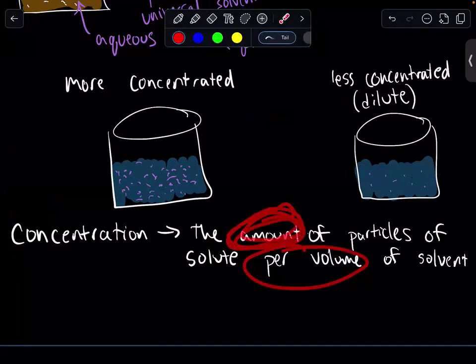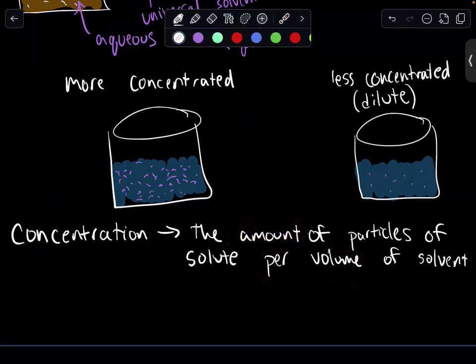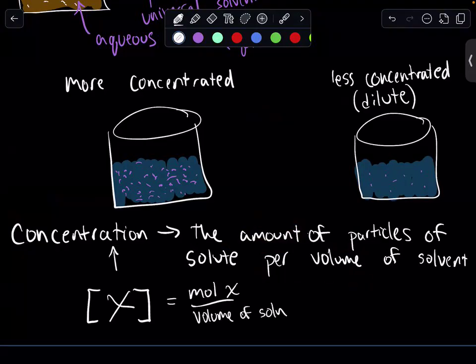Now, in chemistry, we generally use moles for amount. So the concentration of a substance, which once again we write using square brackets, maybe concentration of X is equal to moles of X per volume of solution. So not the solvent, but the entire solution together.